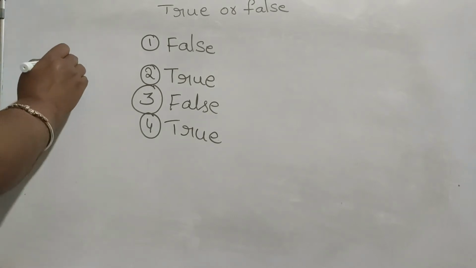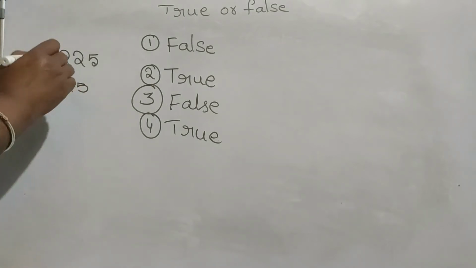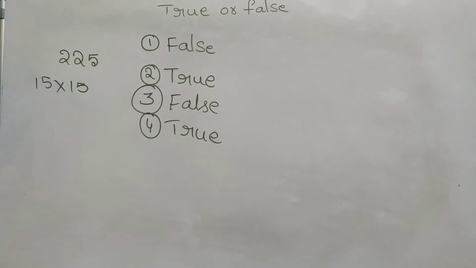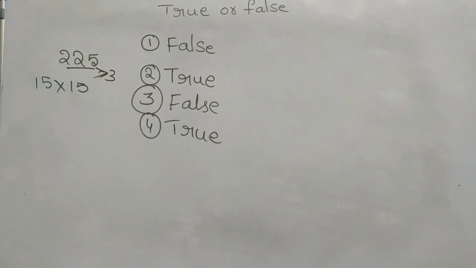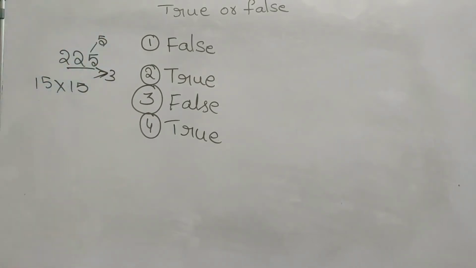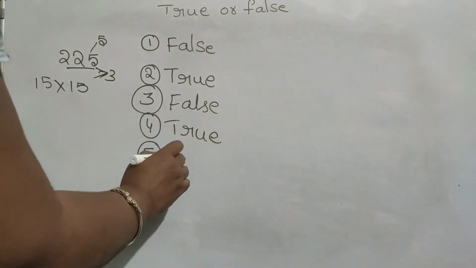Yes, 225 is divisible by 15 because 15 15s are 225. 2 plus 2 is 4, 4 plus 5 is 9. 9 is divisible by 3, so 225 is also divisible by 3. And it ends with 5, so it is divisible by 5. So the statement is true.